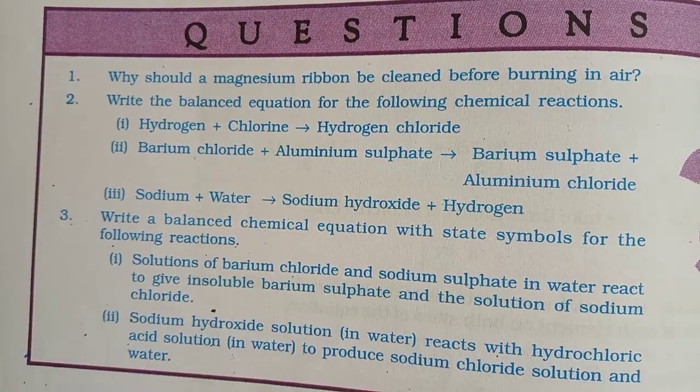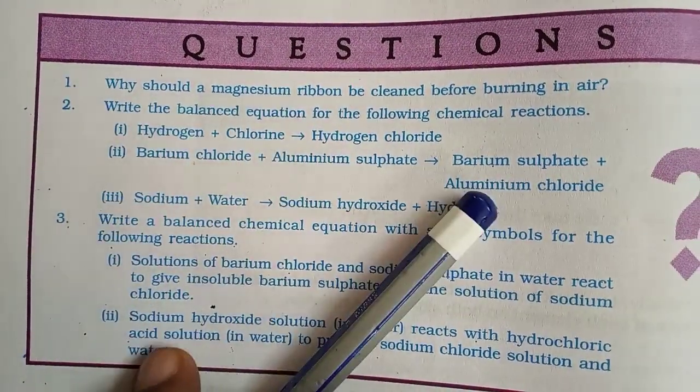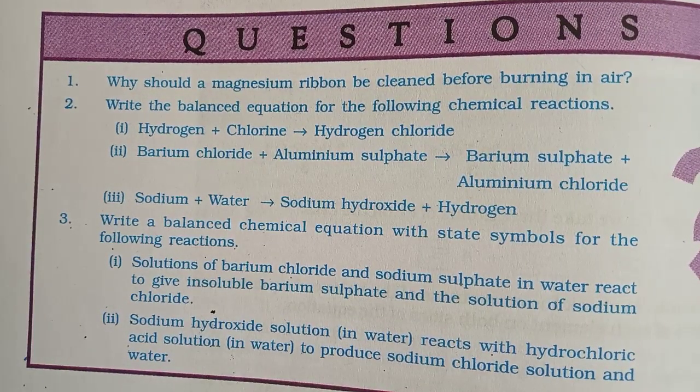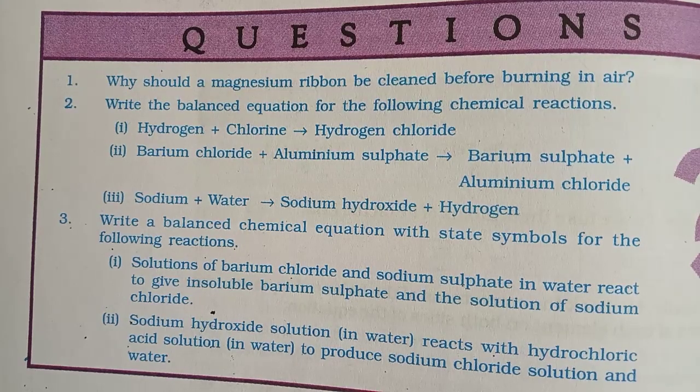See children, first question, all of you see: why should a magnesium ribbon be cleaned before burning in air? Why do we have to clean it? Because it already has a mixture of magnesium hydroxide and magnesium carbonate.